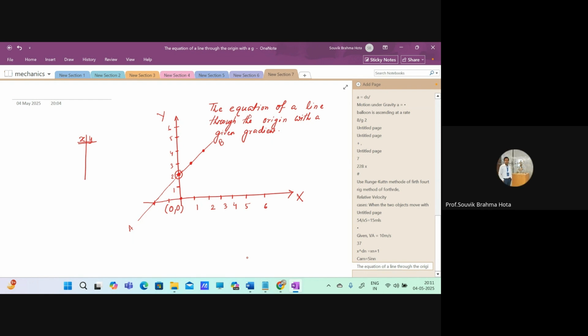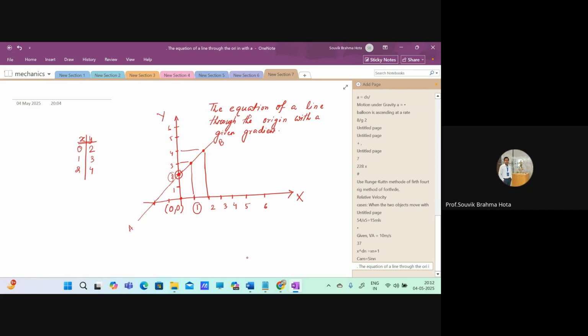And the y value is 2, because of the graduation you can see over here. So this point can be written as 0 comma 2. After that we have this point corresponding to 1 on the x-axis and 3 on the y-axis, so 1 comma 3. Similarly, this point is 2 comma 4. Very good, 2 comma 4.